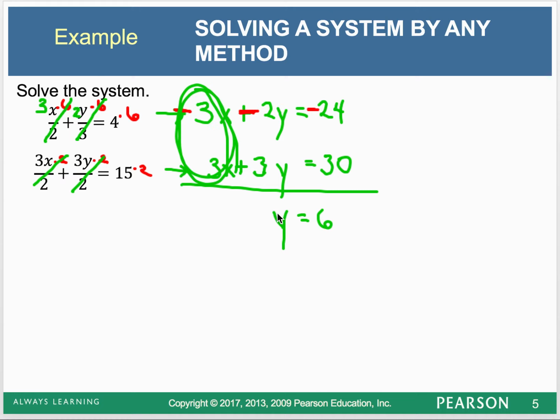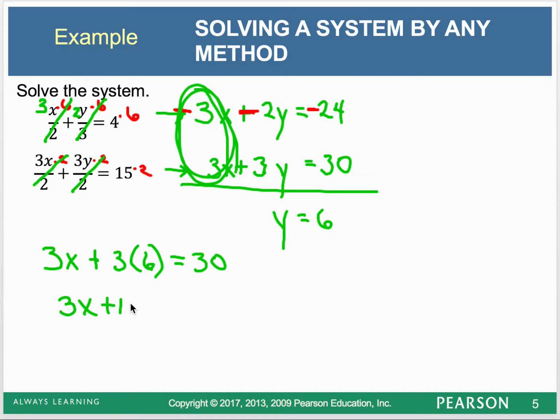Okay, I'm going to plug it into this bottom one even though the numbers are bigger, just so I make sure to plug it into the original equation. I've changed some stuff up here. All right, so 3x plus 3 times y, which is 6 now, equals 30.